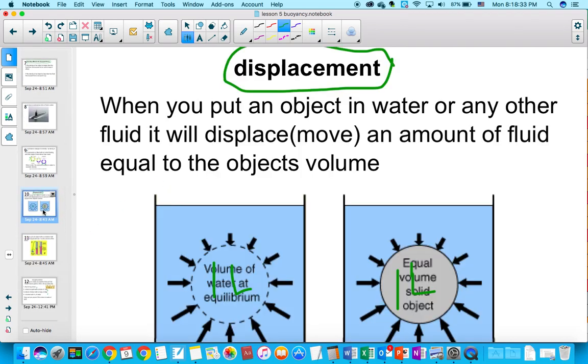You need to know displacement. You need to know that when you put an object in a fluid, the amount of liquid or fluid being displaced is equal to the volume of the object, right? Again, if this has a volume of 1 liter, then 1 liter's worth of water has been pushed away.